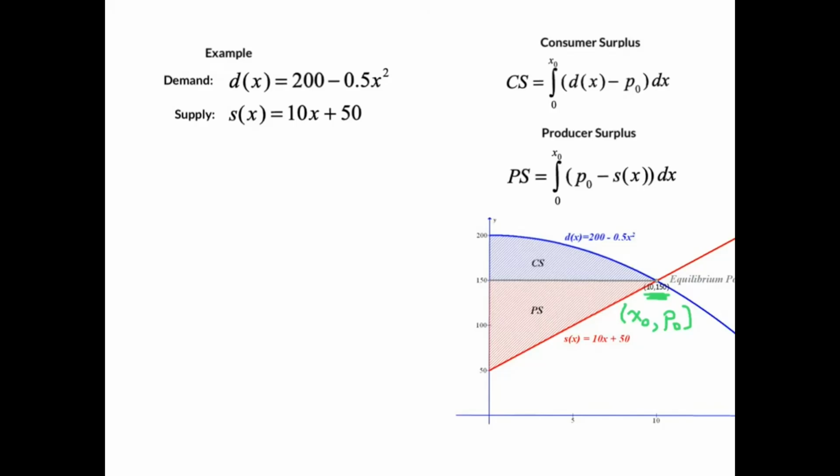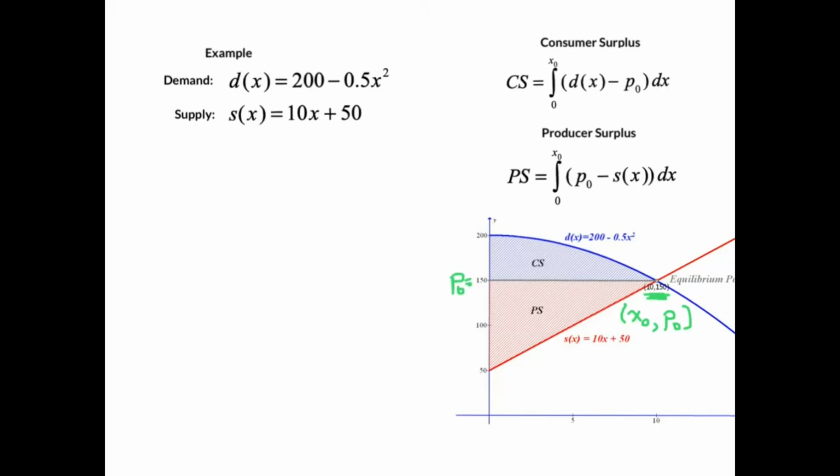So if we have the two functions, they have to intersect because by human nature, demand is a decreasing function, supply is increasing. And then what we do is we graph a third function, and it is the horizontal line at the market price, which is p sub 0. So we've graphed this third function, p0 equals 150.